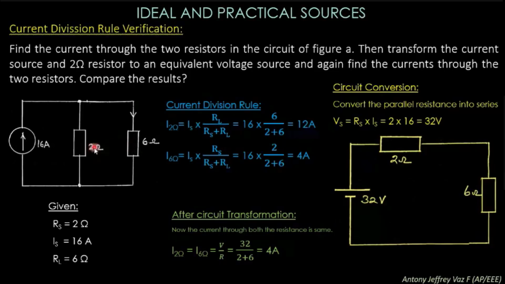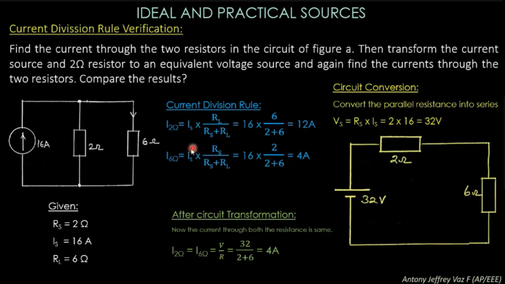So the source current is 16 into 6 divided by 2 plus 6. You use the other resistance at the top, divided by 2 plus 6. Then you will get a value of 12 amps.